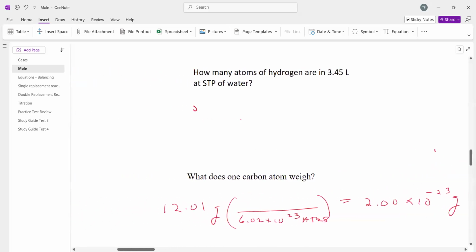If a mole weighs 12.01 grams, what does one weigh? We divide by how many are in that mole? 6.02 times 10 to the 23rd. Okay, good. All right. Text me later if this is still unclear, okay?